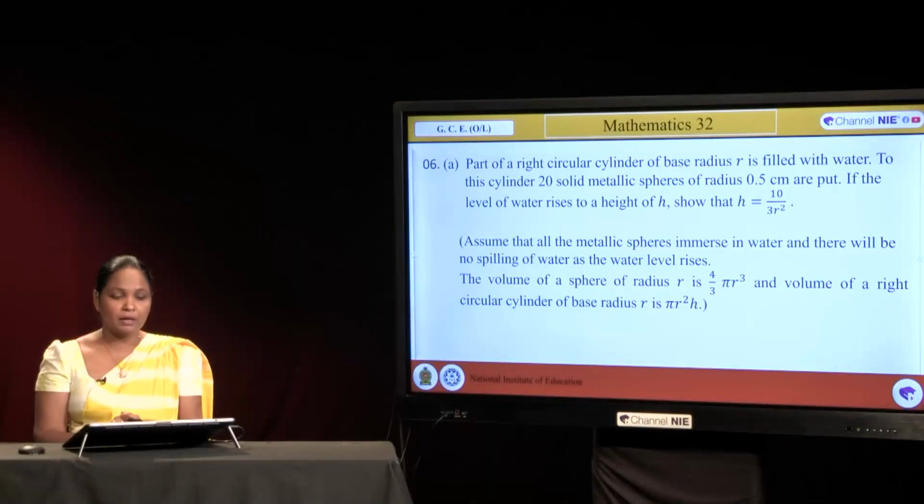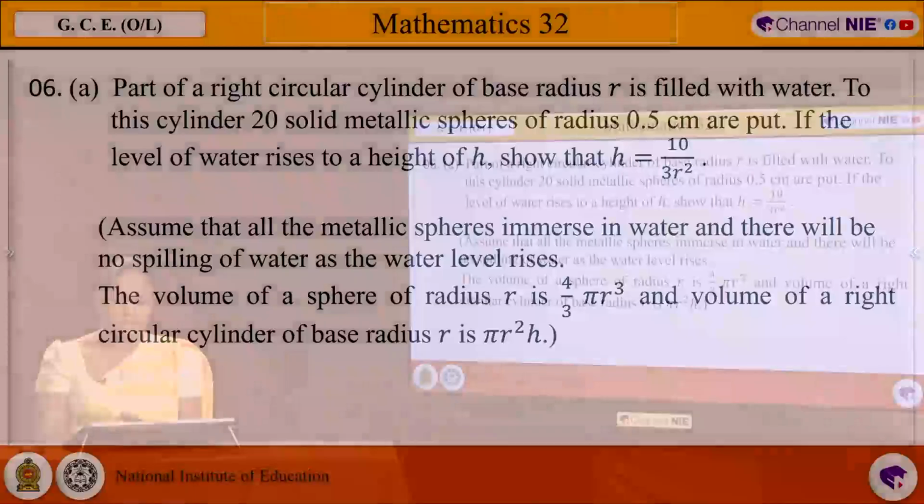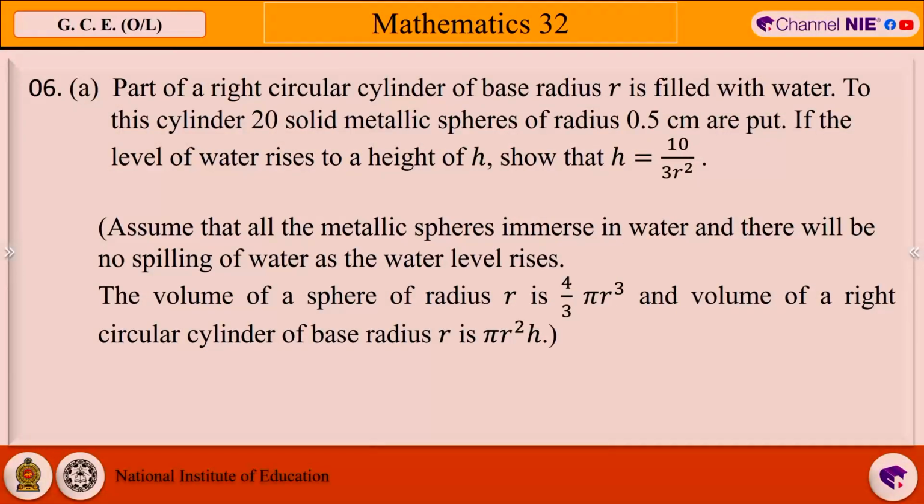Okay. Now, we are in the 6th question. It has again 2 parts. In part A, it says part of a right circular cylinder of base radius r is filled with water. To this cylinder, 20 solid metallic spheres of radius 0.5 centimeters are put. If the level of water rises to a height of h, show that h equals 10 over 3 r squared.